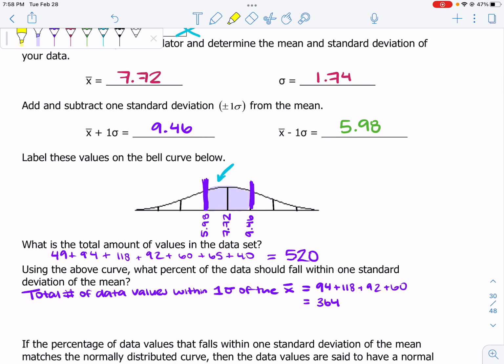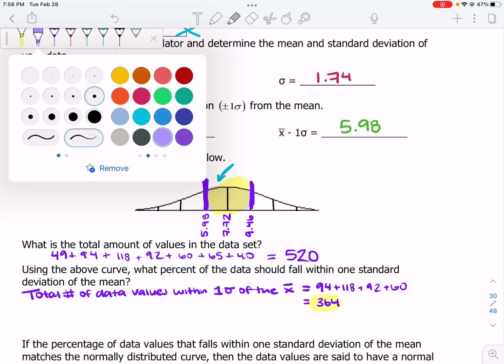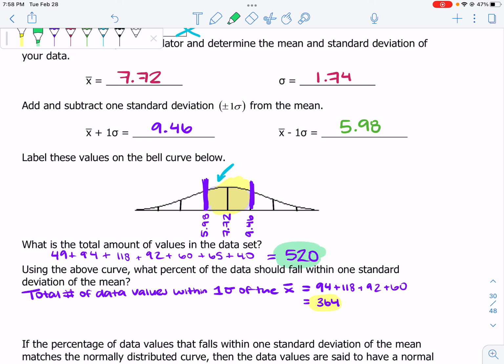What I'm saying is I have 364 students that fall within this range out of a grand total of 520 students that make up this whole range. So I want to find out if 364 is around 68%, which we would expect of a normally distributed curve, out of those 500 students that were total in the survey.